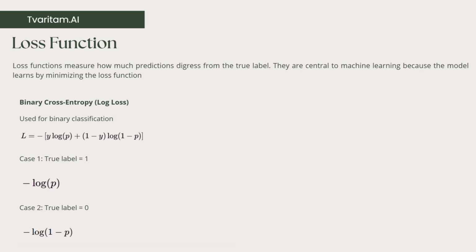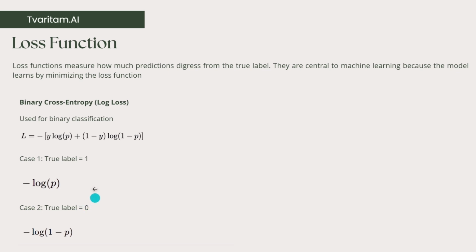And for case 1, as you see, this formula, negative of y log p plus 1 minus y log 1 minus p, becomes minus log p, negative of log p, if the true label is 1, because in this case the second term will become 0 and become irrelevant.